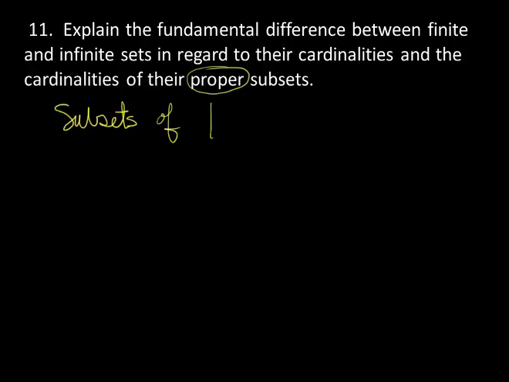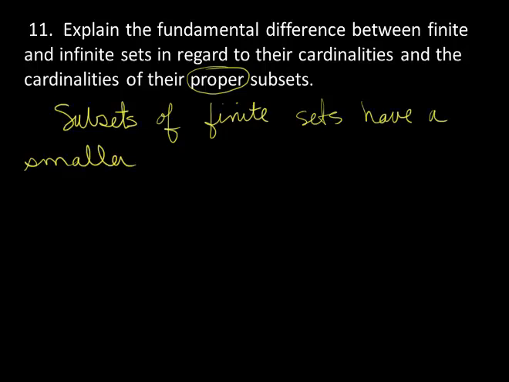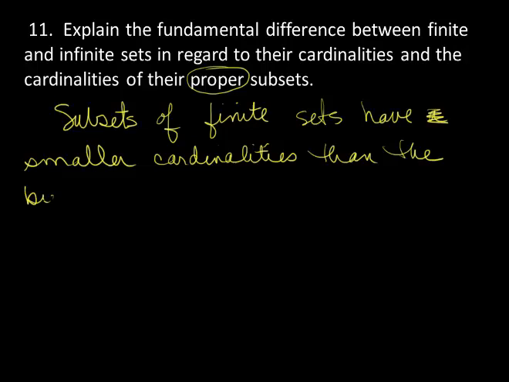Subsets of finite sets have smaller cardinalities than the, I'm not sure how to say this, the big set? Okay, I could use the word big set, or I could use the word parent set, the set they were taken from.